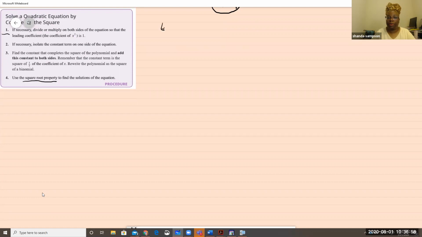X squared plus 3 is equal to 10x. Okay, well, this is weird, right? What I would like to do is set it up in a regular quadratic form, all right?